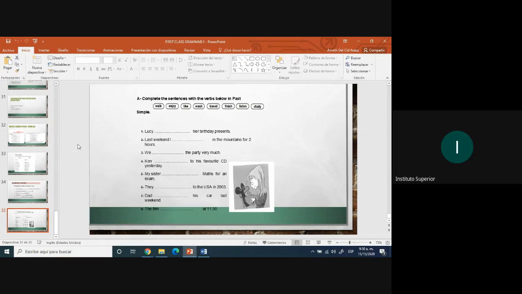Related to the simple past and the simple past with the verb be. You had everything. Just to let you know that for this class, I have prepared, of course, from the model, two more single practices that I have for all of you.